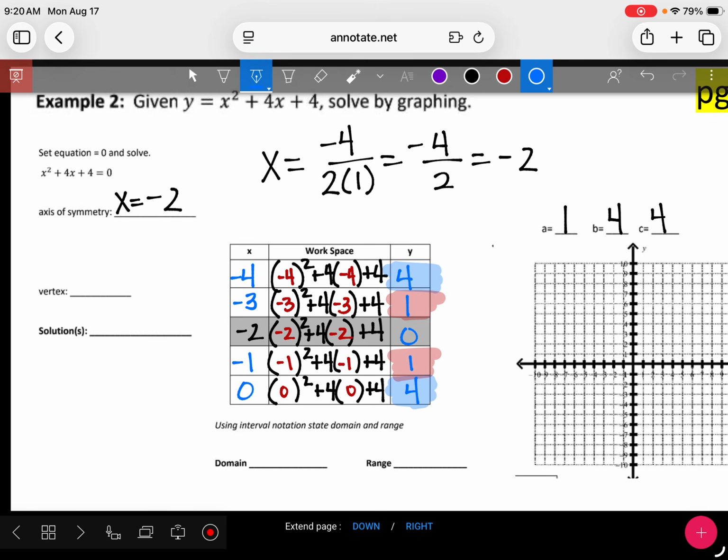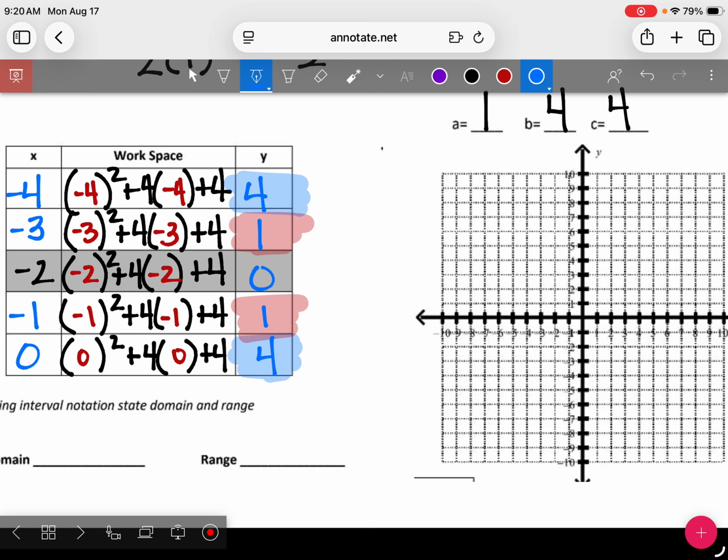All right, so I'm gonna go ahead and graph it. So -4 up 4, -3 up 1, -2's on the x-axis. All right, so I'm gonna curve it. Try to hit my points.